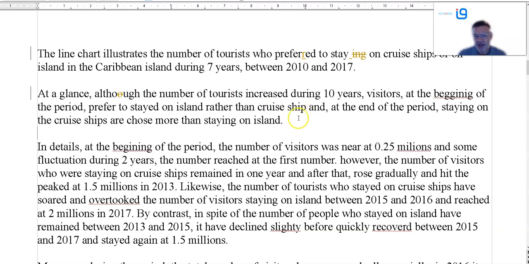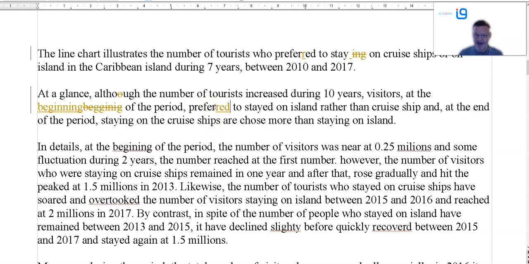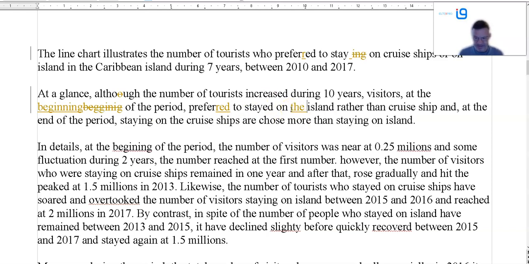Number of tourists although the number of tourists increased during 10 years or over 10 years, visitors at the beginning, I suppose that should be, of a period, so it's all in the past. 2010, 2017, so it's all simple past. To stay on the island, so articles, rather than a cruise ship, and at the end of a period, staying on the cruise ships are chosen.